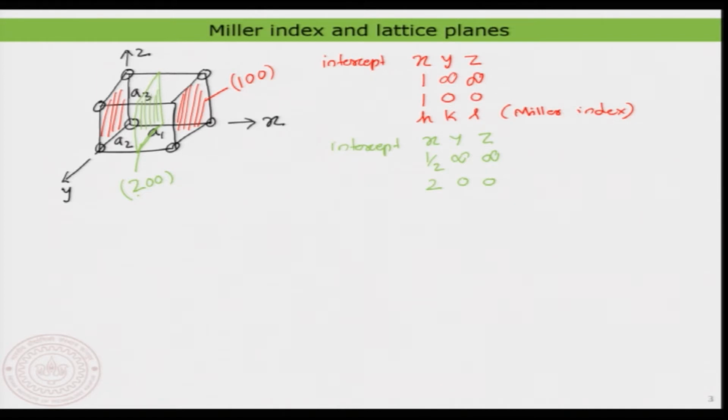We can create different types of planes within the unit cell in many different ways, and the unit cells or the lattices are represented or named by this Miller index, and their relation to lattice planes.